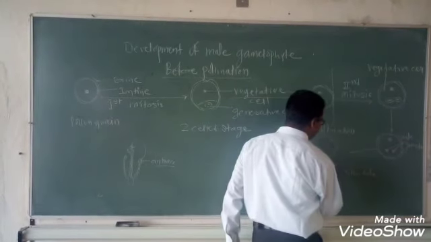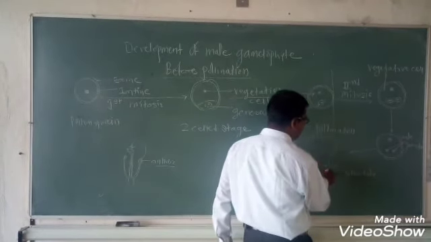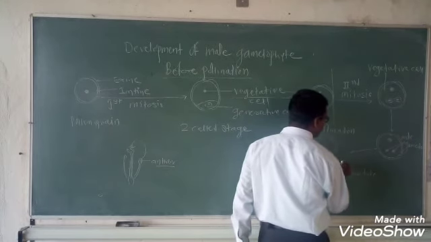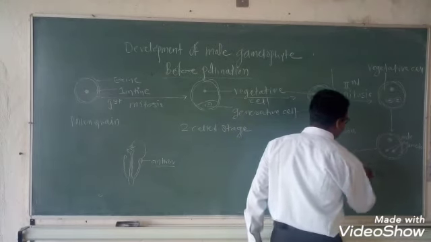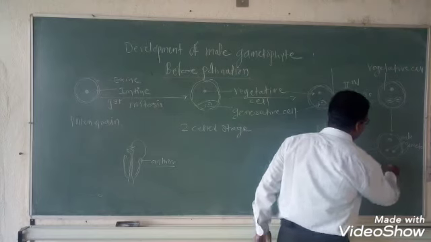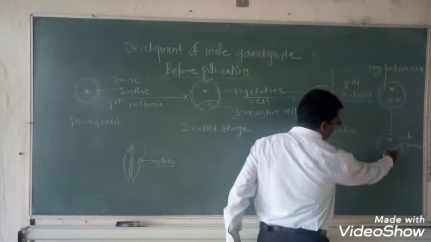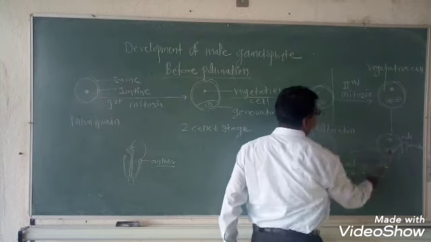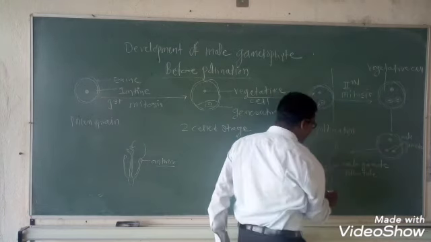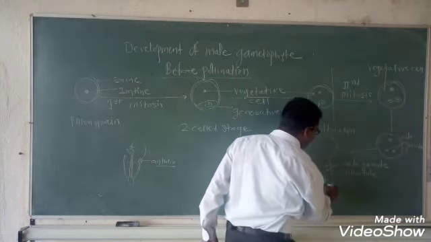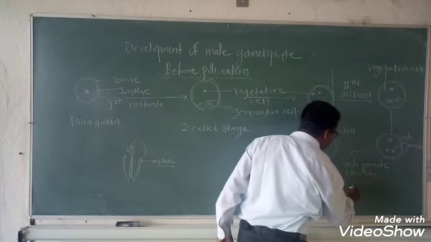One male gamete and another male gamete, 2 male gametes, and what remains? This is the nucleus of the vegetative cell or tube cell. It is also called the tube nucleus.